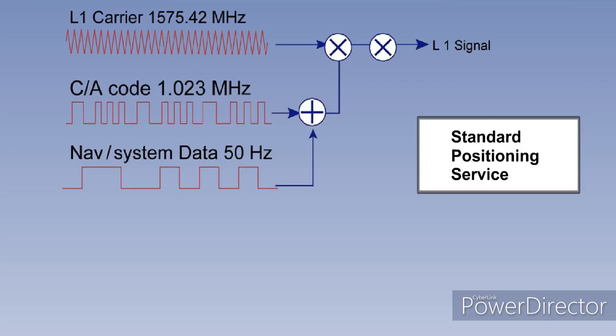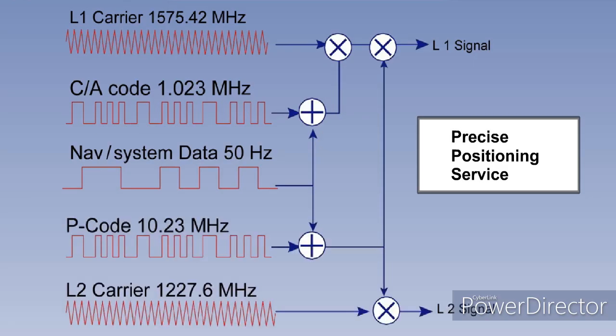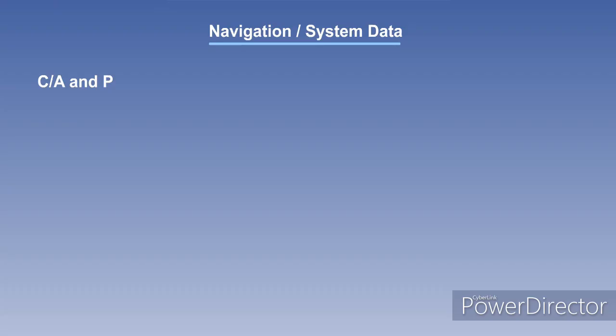So, there are two levels of service: the standard positioning service using just the coarse acquisition code, and the precise positioning service using the coarse acquisition and precision codes. The information contained in the navigation and system data message is used by both services.